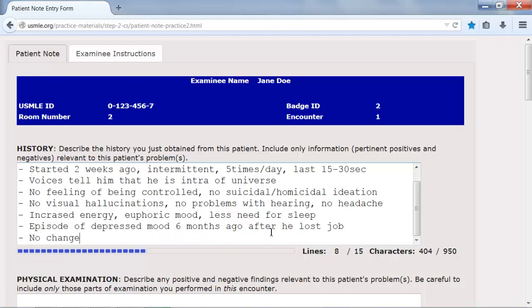And of course, screen for hypothyroidism, no change in weight.